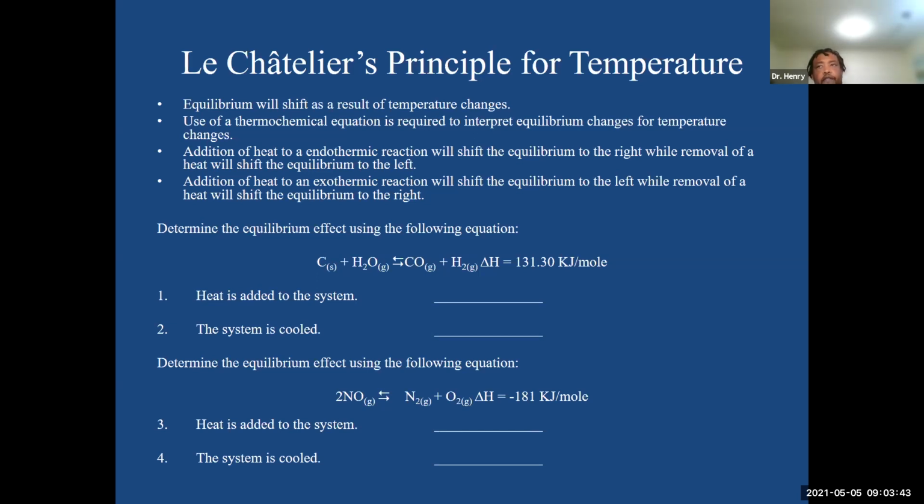If you're removing heat from the system, you're driving it towards the reactant. So in the case of an exothermic reaction, if we're adding heat to the system, what's that going to do?